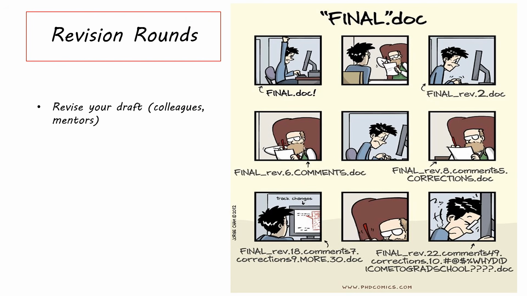After checking the text similarity using software like Plagiarism Checker, you always need to revise and revise your draft. Take the help of your colleagues and mentors. Don't submit directly to journals. Anyone can give you an idea to improve the content of your paper.